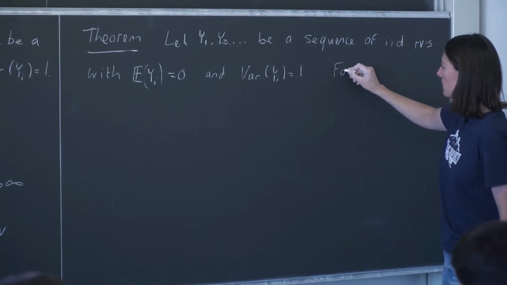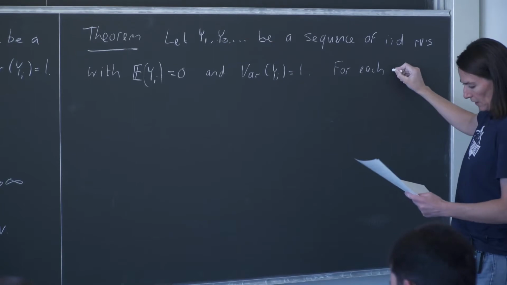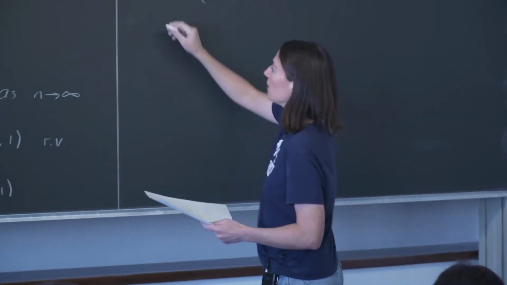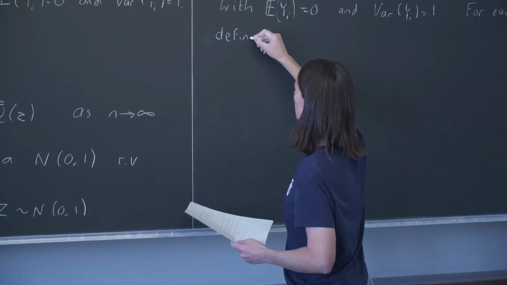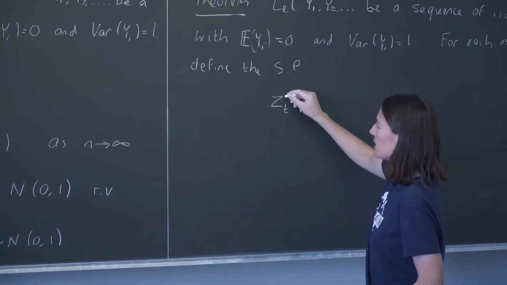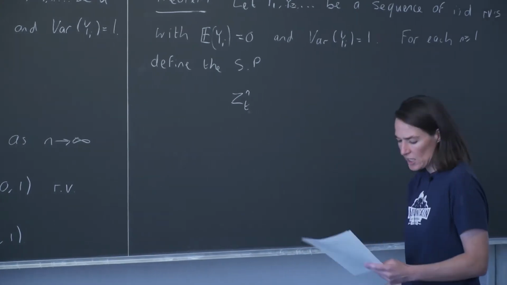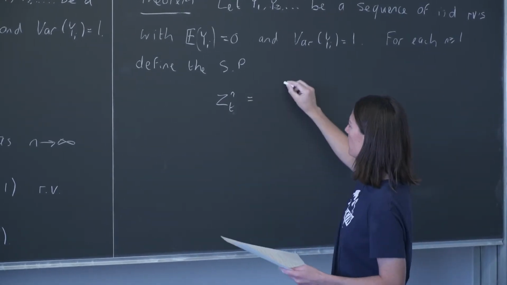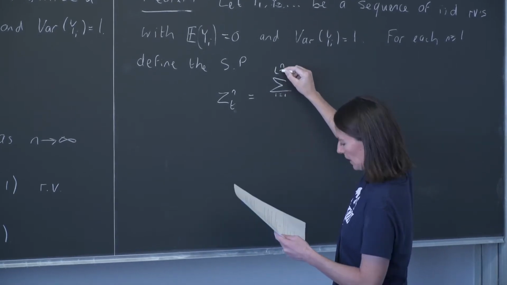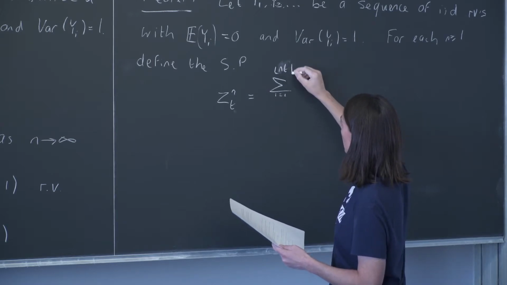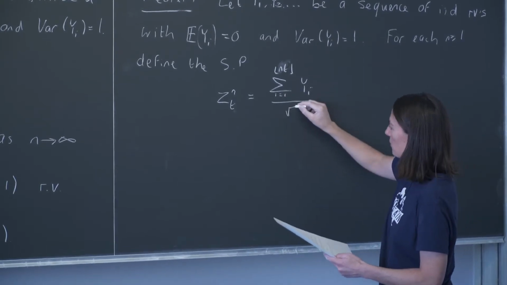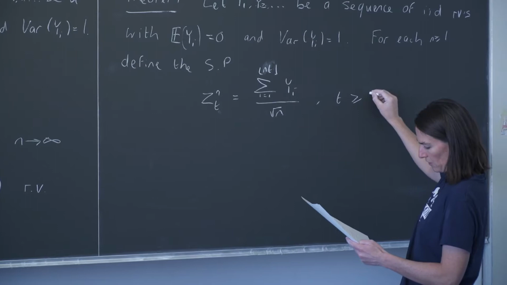And for each n greater than or equal to 1, define the stochastic process Ztn. So now we've got an index t, because we want to define a process, to be the sum from i equals 1 up to the floor of nt of yi divided by root n, and that's for t greater than or equal to 0.